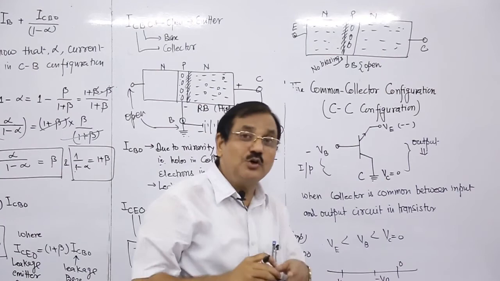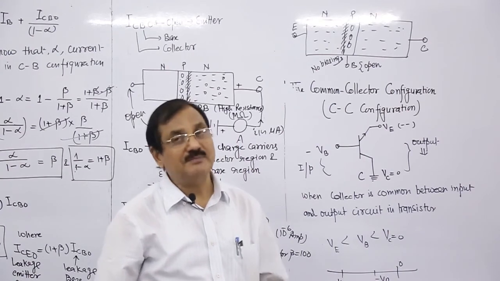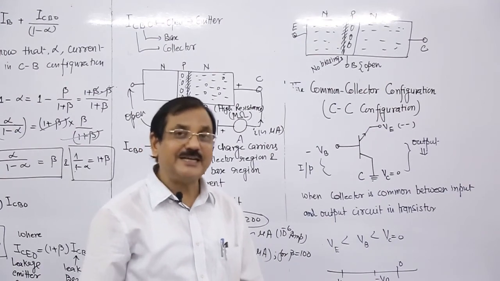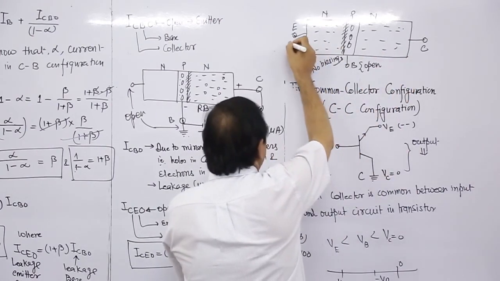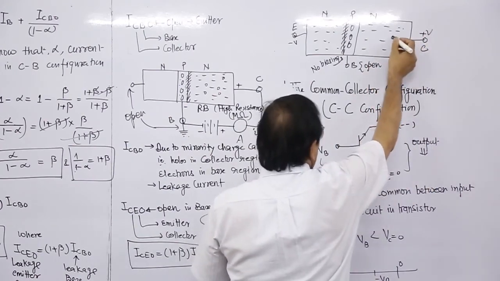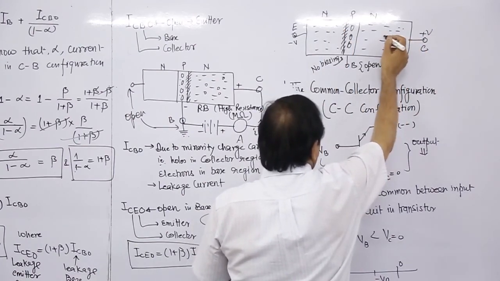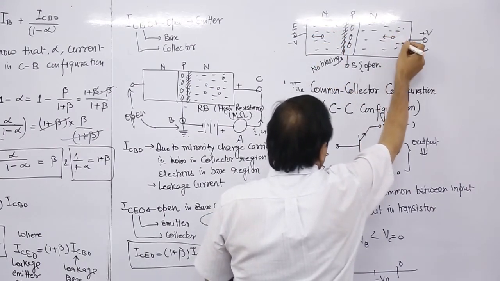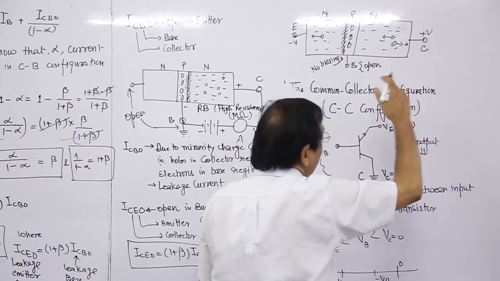If there is no biasing, there is no movement of the majority charge carriers. So only the minority charge carriers will move. Holes are moving in this direction and electrons are moving in that direction.